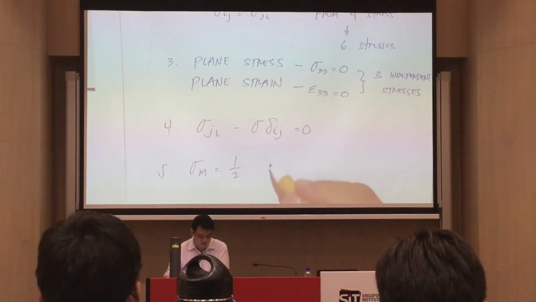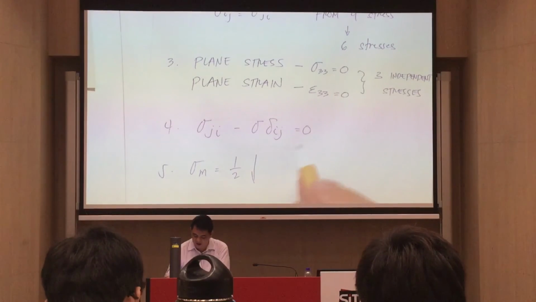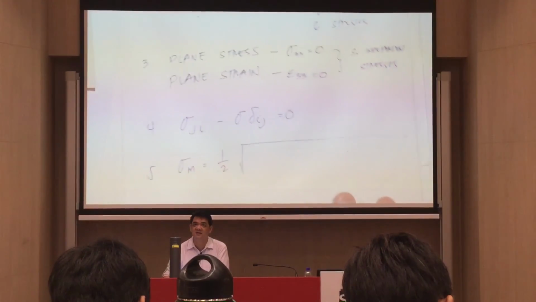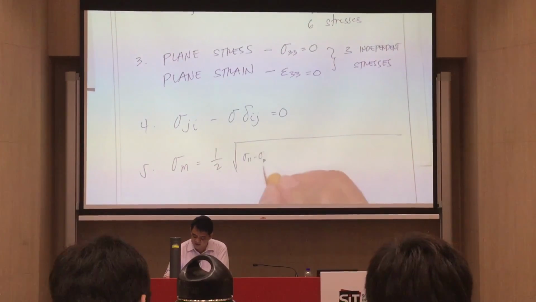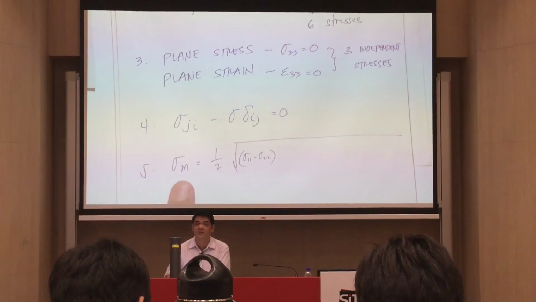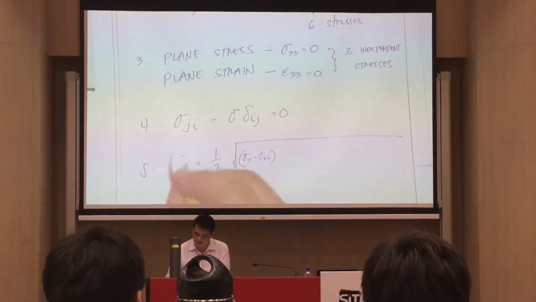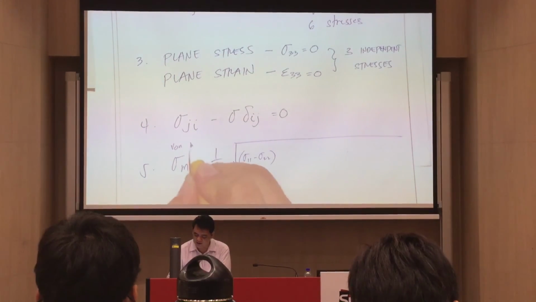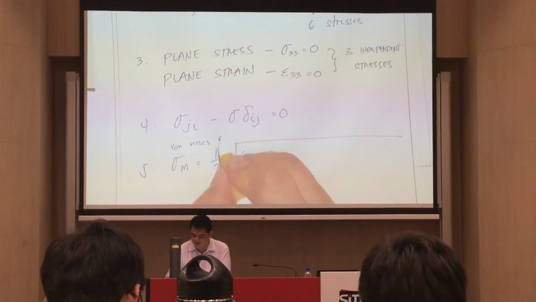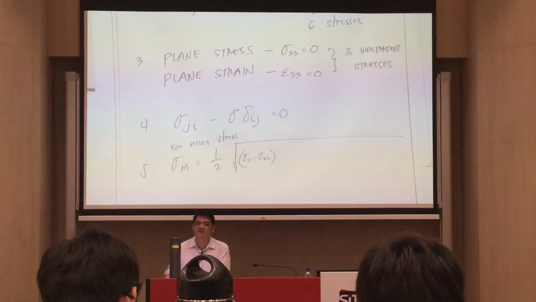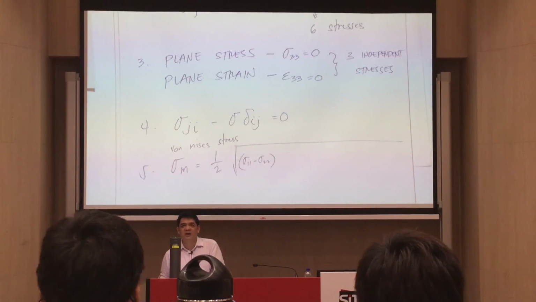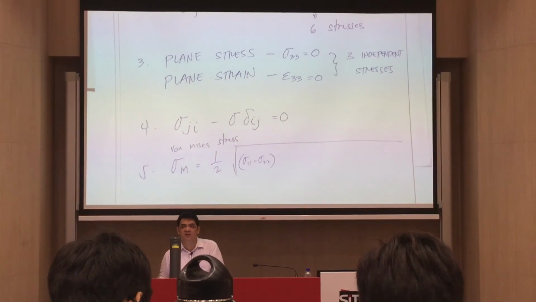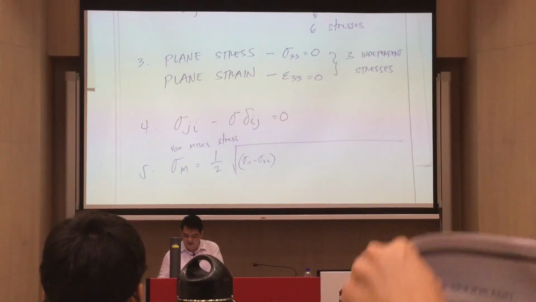Once you have the state of stress, you can solve this to be sigma 1 minus sigma 2 squared. So that's the von Mises stress. So we have the principal stresses, and we also have another one for ductile material, the von Mises stress.